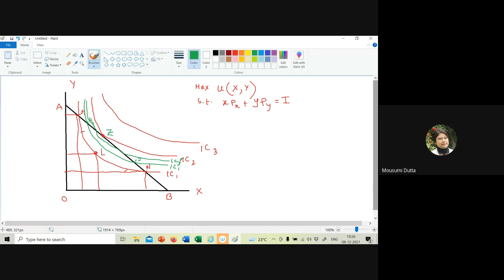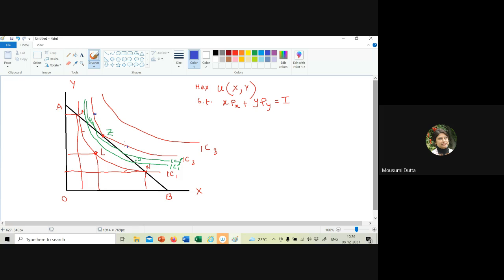However, using some mathematics, I will show that this Z is the highest possible consumption point, because if you consider any other point apart from the point of tangency, say a point like this or a point like this, the problem is these points are not affordable given the budget constraint.